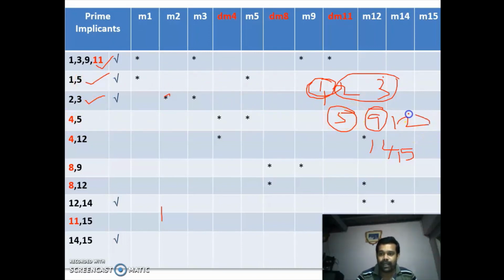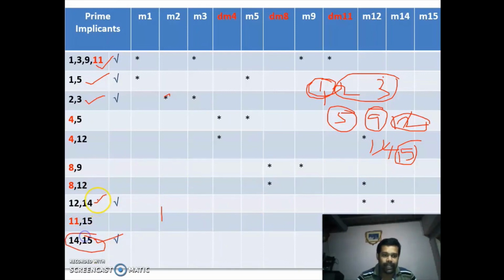Now you come to 12. 12 is present in three places, 4, 12, 8, 12 and 12, 14. If you tick 12, 14, both 12 and 14 get grouped. Now 15 is the only minterm which needs to be grouped. 15 is present in two places, 11, 15 and 14, 15. Now we are taking 14, 15.